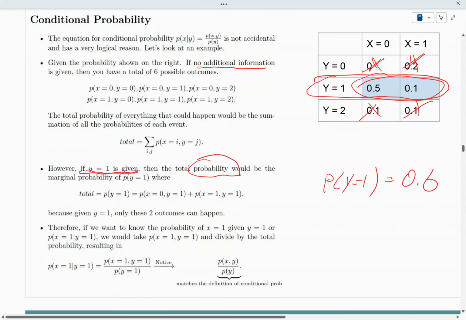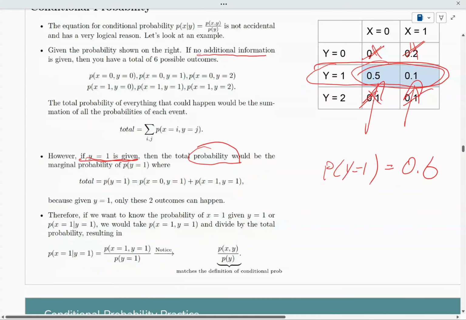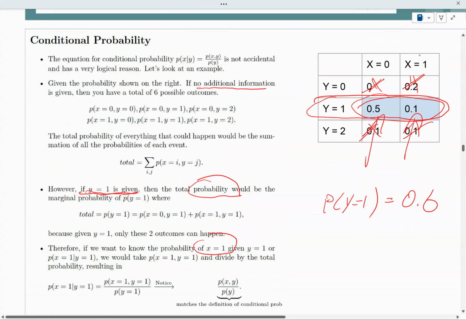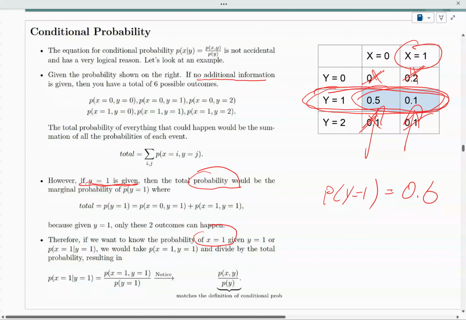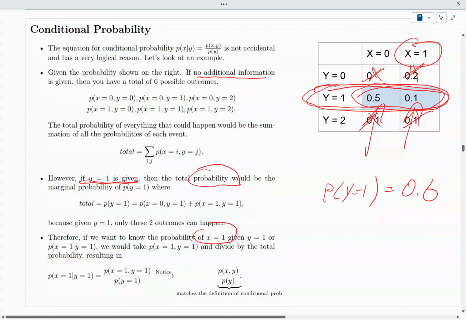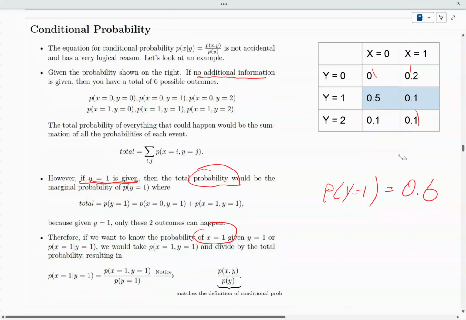Given y is equal to 1, only these two events could happen. So if you want to know the probability of x equal to 1, given that y is equal to 1, then we want the probability of this event given that y equals 1 is the total.